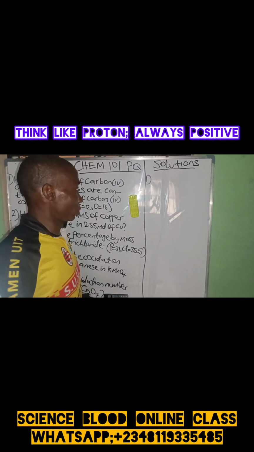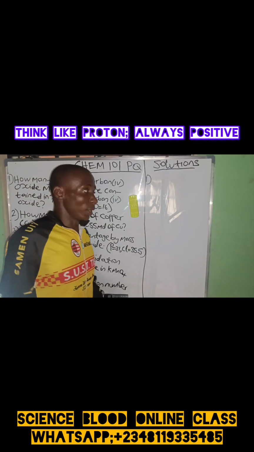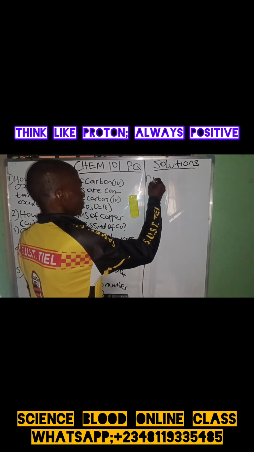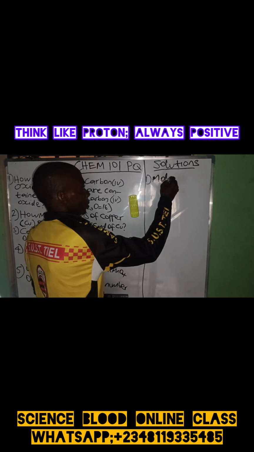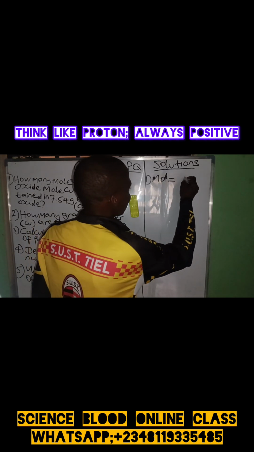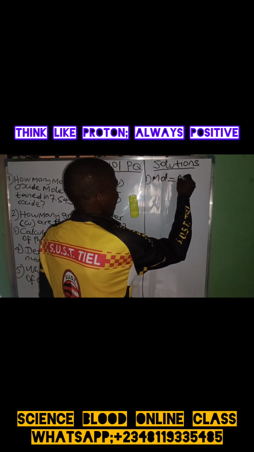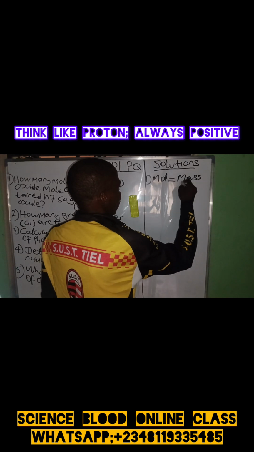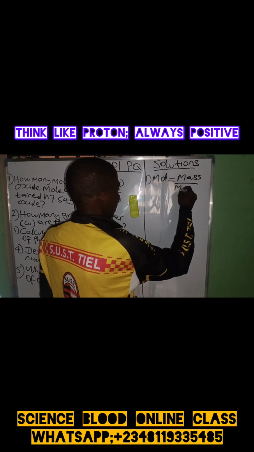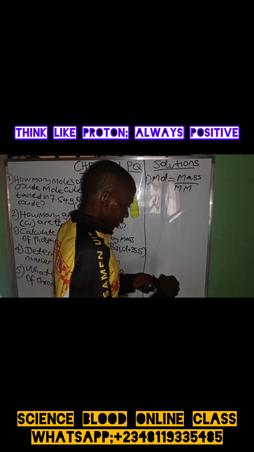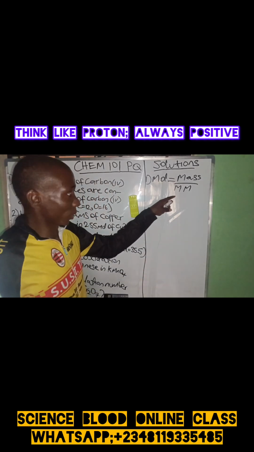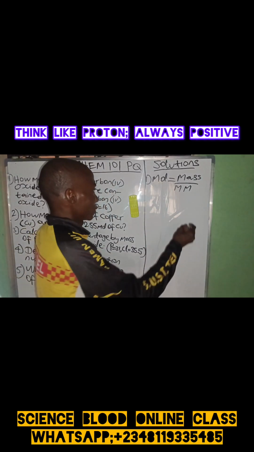So, the first thing we should do here is to apply the formula that says moles equals mass over molar mass. So let's say for instance m means what? Molar mass.